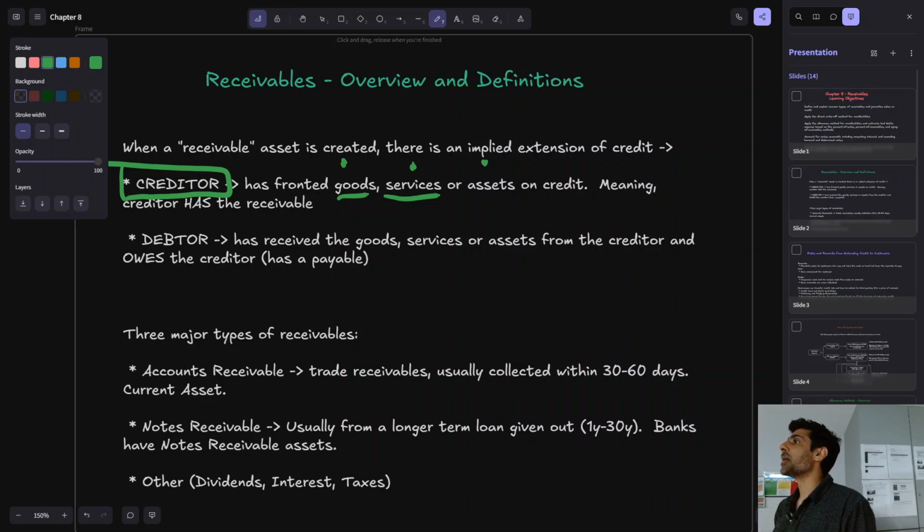So it's a symmetrical relationship. When a receivable is created, a payable is also created at the same time. Make sense? Okay. But in this chapter, we're talking about when we are the creditors, when our business has created an account receivable or a note receivable.